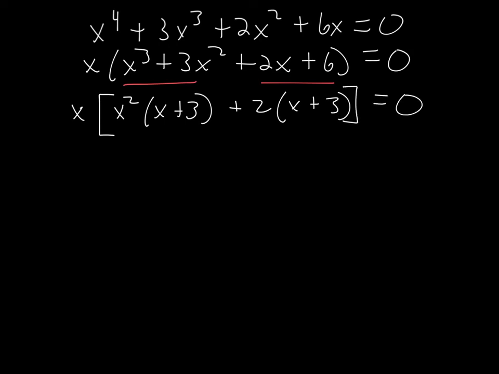Like I said earlier, these problems are completely rigged. If you do the factor by grouping correctly, there's always a common thing in each of these, x plus 3 in this case. So now we're going to leave the x here. We're going to go ahead and leave the bracket just for now. And we're going to factor out the common x plus 3. And we're left with x squared plus 2.